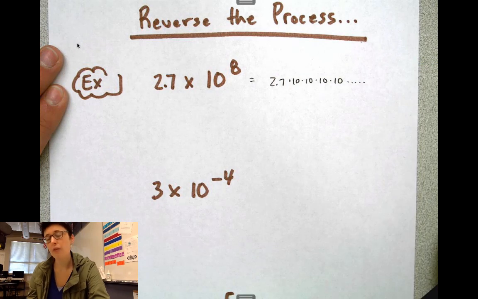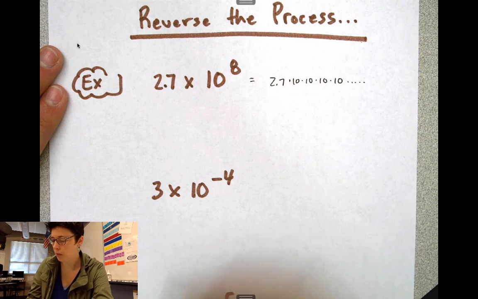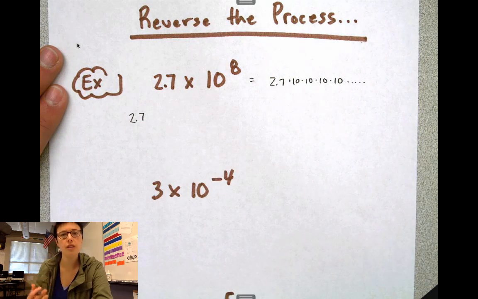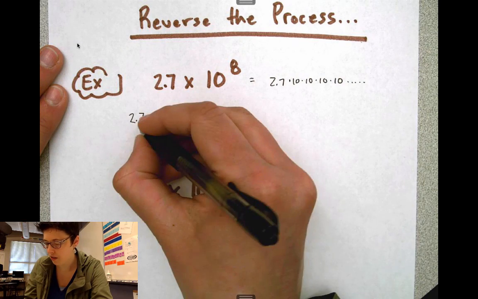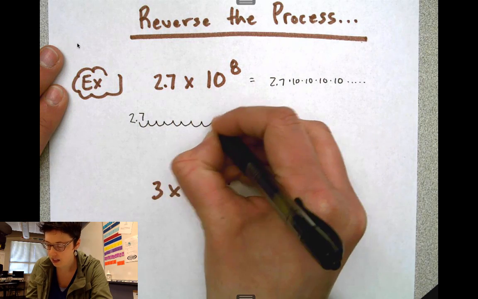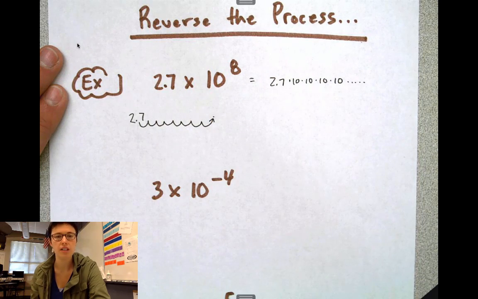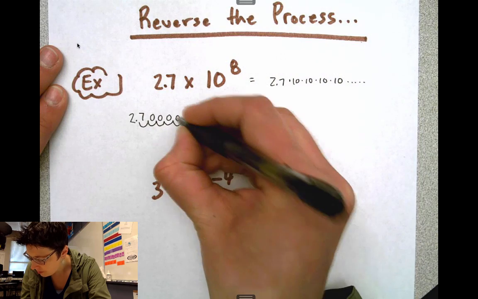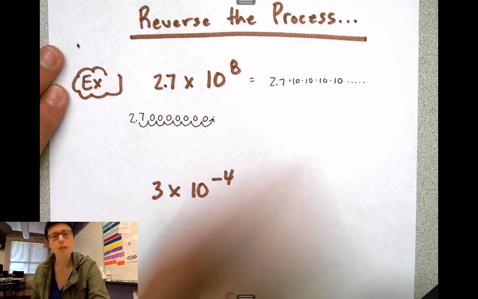So really, if I wanted to undo the process, what I would do is I would take 2.7 and I would undo the decimal 8 times. I'd go back the other direction. 1, 2, 3, 4, 5, 6, 7, 8 times to figure out what this number is, adding a whole bunch of zeros in here. That's a big number.